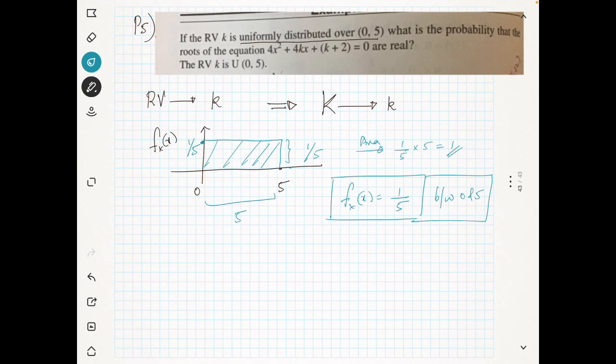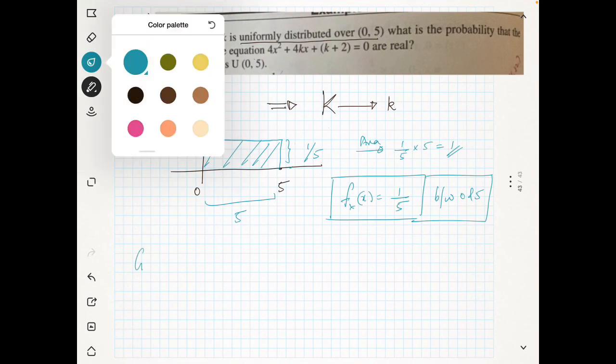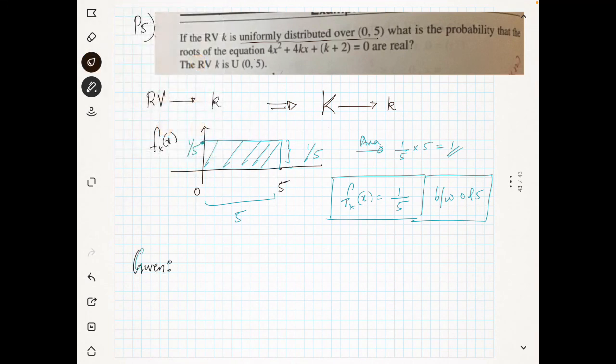Now what is the probability that the root of the equation 4x square plus 4kx plus k plus 2 is equal to 0? That means an equation is given, 4x square plus 4k into x plus k plus 2 equal to 0, and what is the probability that the roots are real?